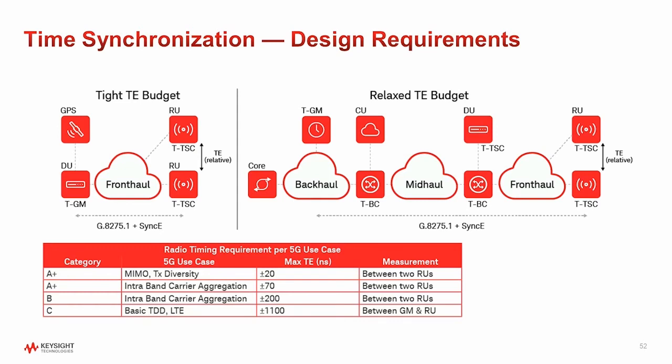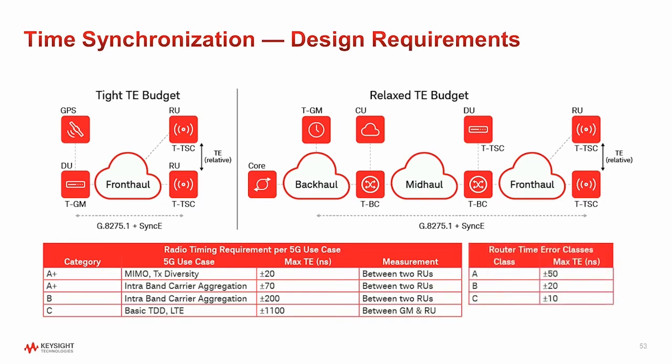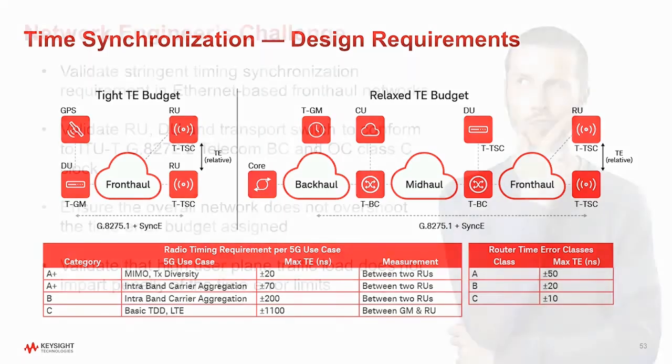Also note that the timing signal in this type of scenario will have to traverse the routers and the time error gets accumulated across every router in the path. As all of these routers will introduce some time error, they are classified based on their accuracies. For example, a class C router will need to comply with the error introduction of a maximum of 10 nanoseconds.